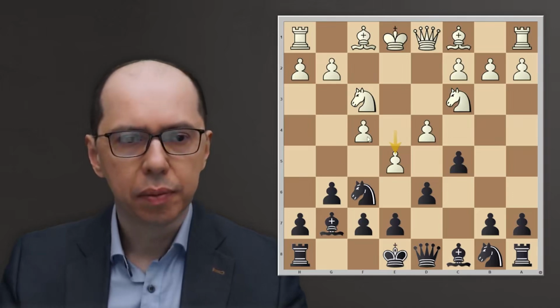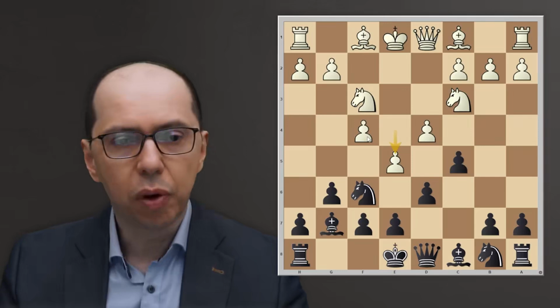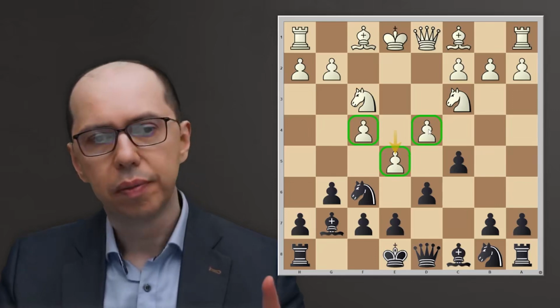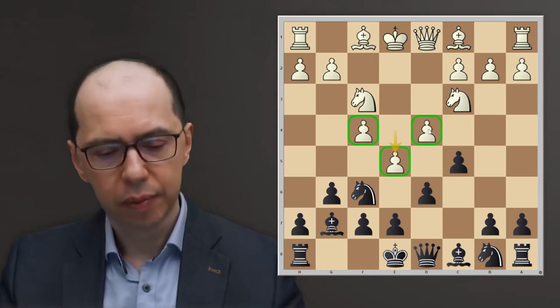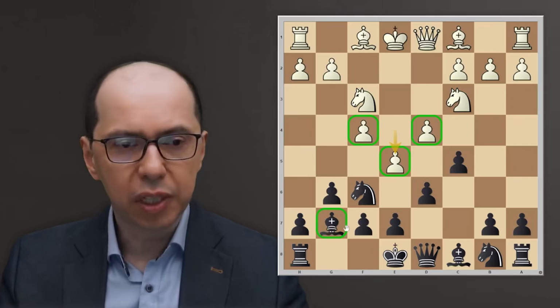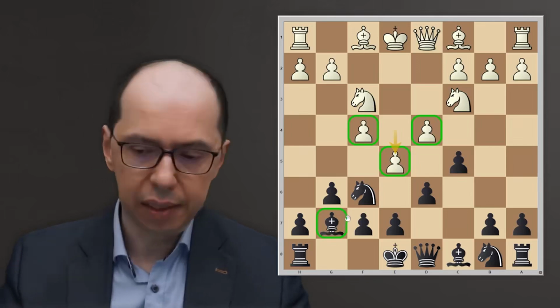White pushes the pawn forward and creates a pawn triangle that blocks the bishop. But the problem is that these pawns can also become vulnerable, and they often are, as they are in this case.